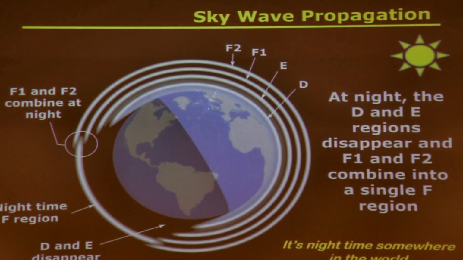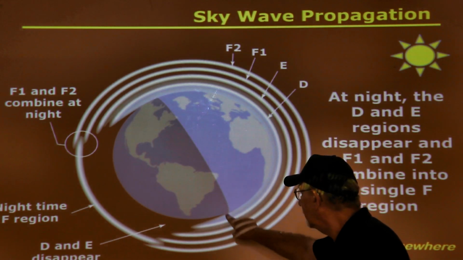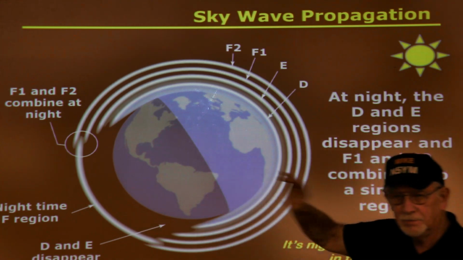Now that's a real high layer. So you can talk, if you're right here, and remember, it's nighttime somewhere in the world. They talk about working the gray line. That's the line where you're starting to get dusk or dawn.